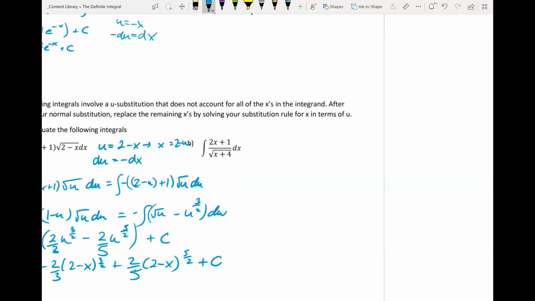For our next one, I'm going to do the same sort of thing, because if we let u be x plus 4, we won't exactly get back to x plus 1, but we can rewrite this x in terms of u. And I can rewrite this as x is equal to u minus 4.